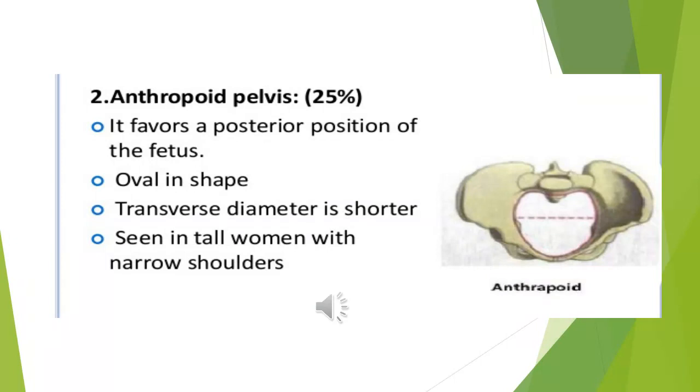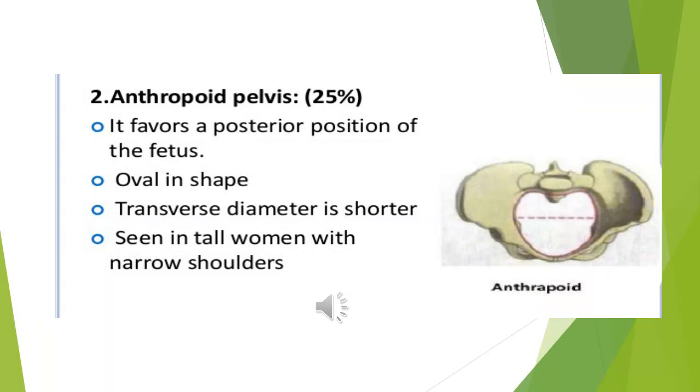The second type is the anthropoid type, that is around 23.5 to 25%. It conforms to the other variety, that is dolichopelvic. I already mentioned dolichopelvic: when we consider the pelvic brim index, dolichopelvic is when the conjugate diameter is greater than the transverse diameter.